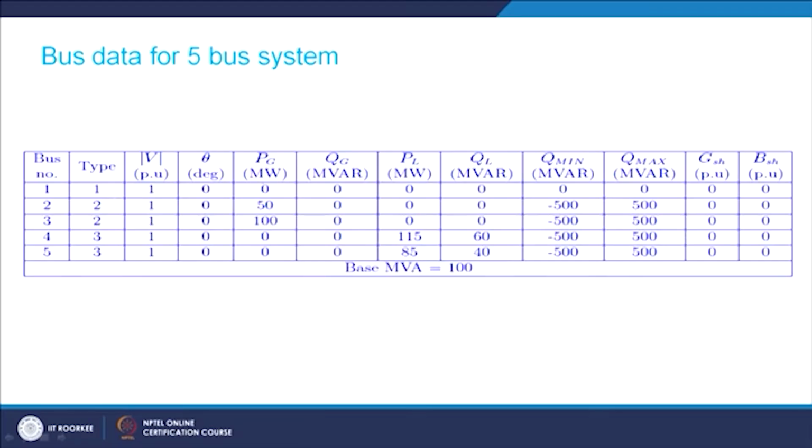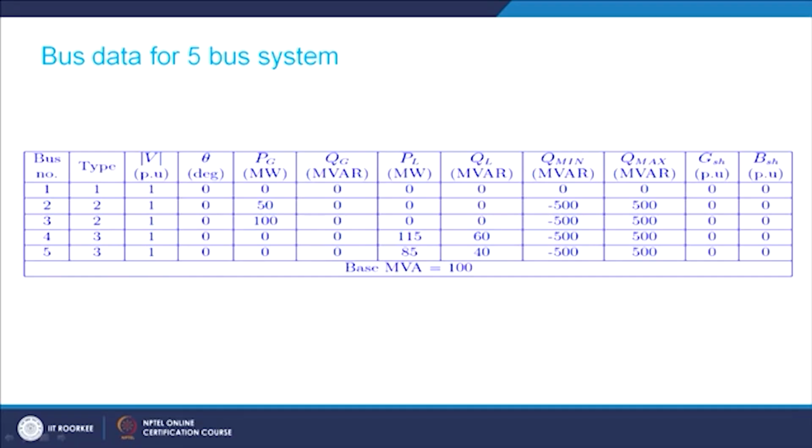Now, you can see that for bus 1 nothing else is pre-specified. Because bus 1 is a slack bus, there are only 2 quantities which are specified, that is bus voltage magnitude, that is 1 per unit, and this angle theta is equal to 0.